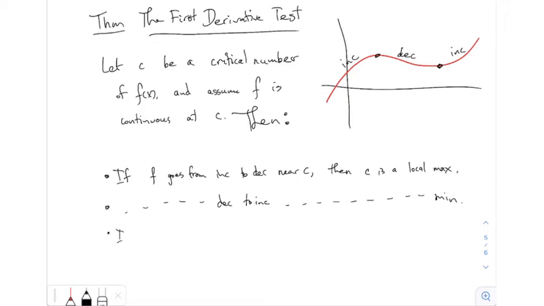So if f goes increasing to increasing or decreasing to decreasing, that is, it doesn't switch, it just keeps doing the same thing, then that means your point is just like in the middle. It increases up to your point and then continues to increase some more. That means that point is not at the top or the bottom of the hill. It's not a local maximum or minimum. So if f goes increasing to increasing or decreasing to decreasing, then C is not a local max or min, right?